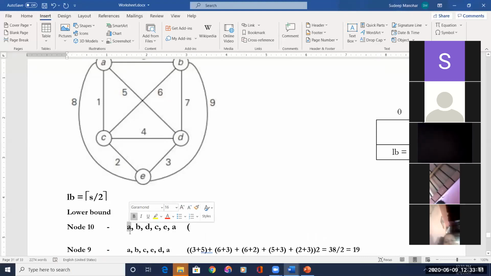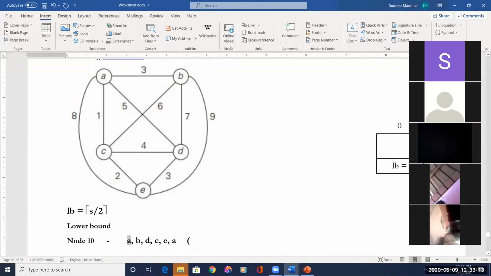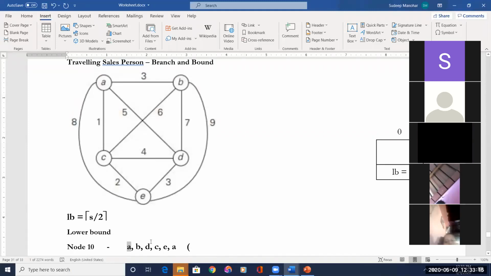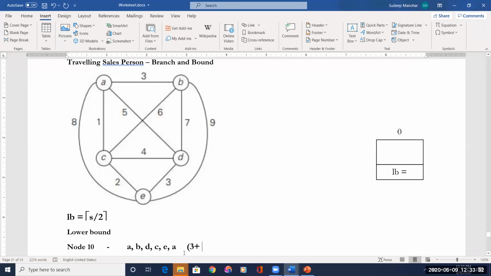For A, what is A connected to? A is connected to B and A is connected to E. Look at both the sides. A to B is 3, plus A is connected to E. A to E it is 8.